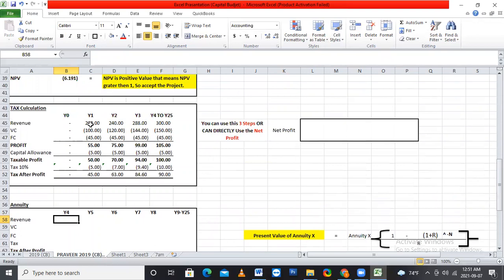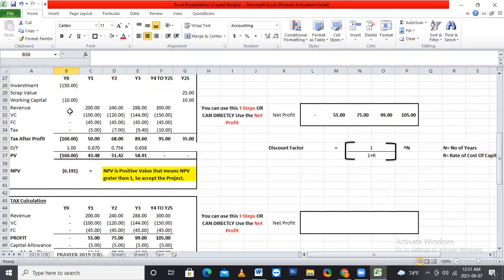Year number 1, first year, we can see the revenue 200, and year number 2, 240. The revenue changes year by year. When we use the annuity, the revenue is 300.